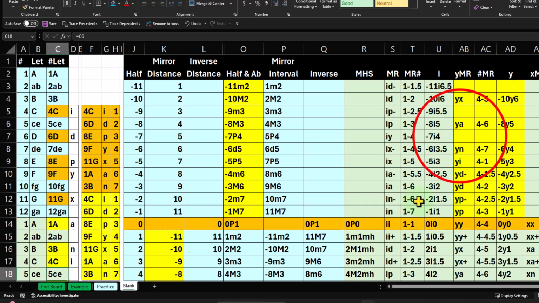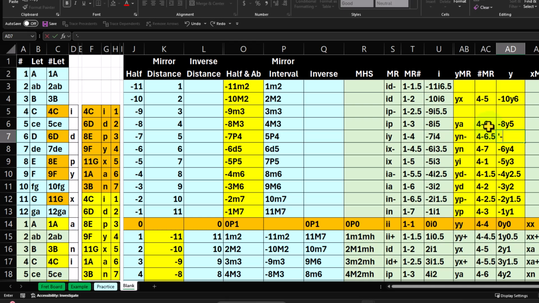All right, let's do the next one up. We're going to say this is going to be a YN negative. Right after the YN, it's going to be a 4 to a 6.5, because the last point is going to be 7 minus 0.5, or 6 plus 0.5, and this is going to be a negative.